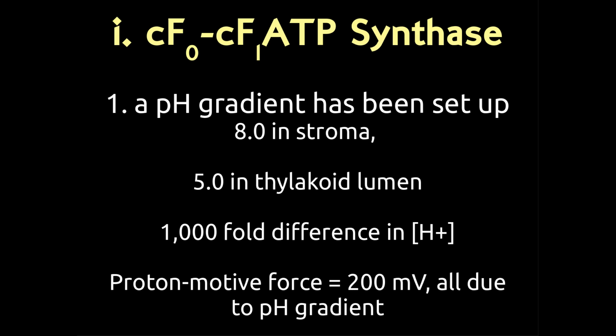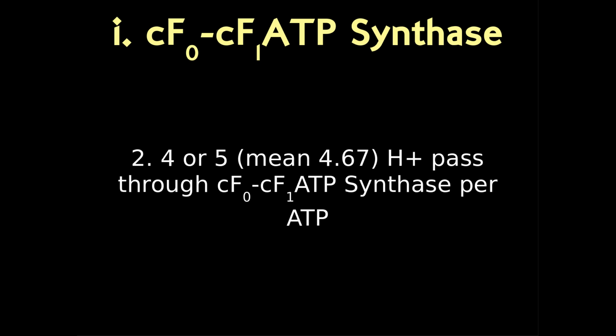We do not have an electrical gradient in this case. So, 4 or 5, a mean of 4.67 protons will pass through the ATP synthase per every ATP that we end up creating. And this process is known as photophosphorylation.